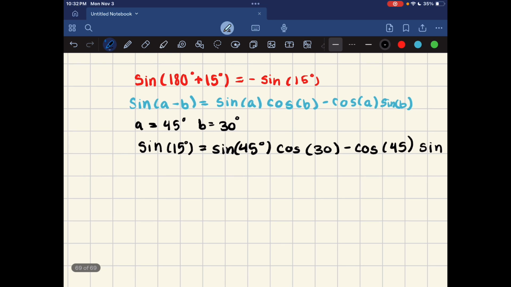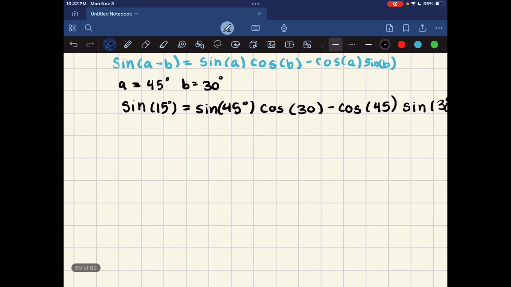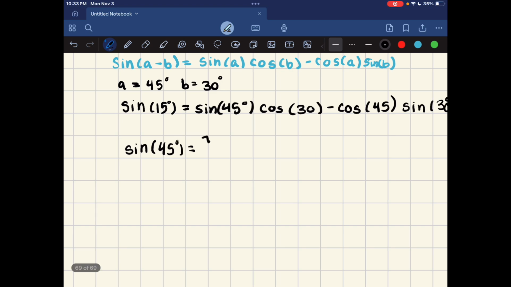So I'm going to list them right here. Sine 45 degrees equals square root 2 over 2. Cosine 45 degrees is the same, square root 2 over 2.